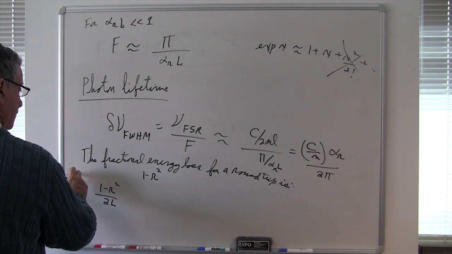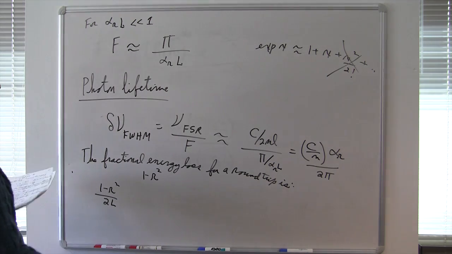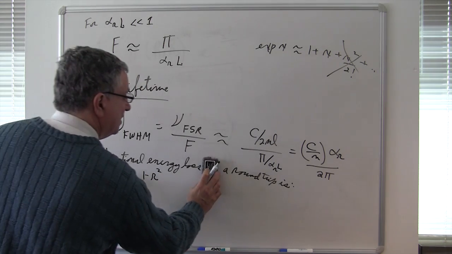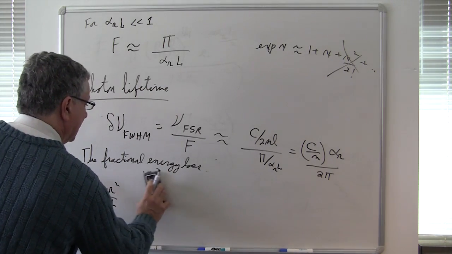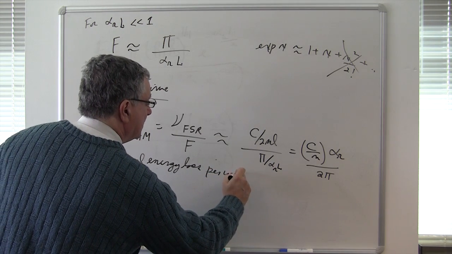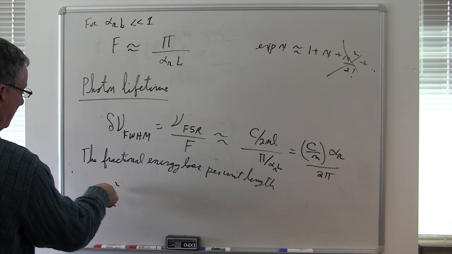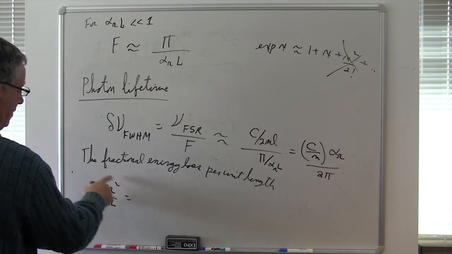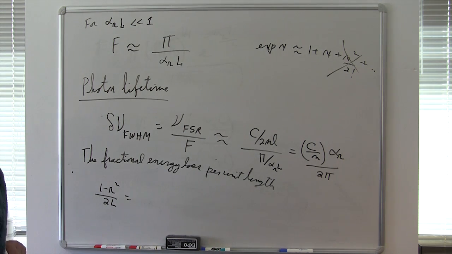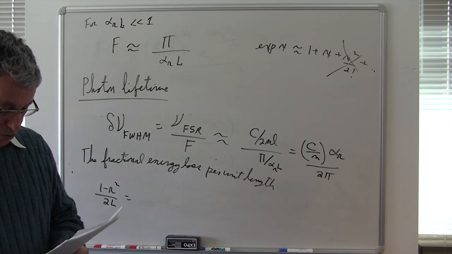Since I have a little bit short of space, I will just write the fractional energy loss per unit length is just 1 minus R squared divided by 2L, because that 1 minus R squared was the fractional energy loss for a round trip. So per unit length you divide by the round trip length, which is 2L.